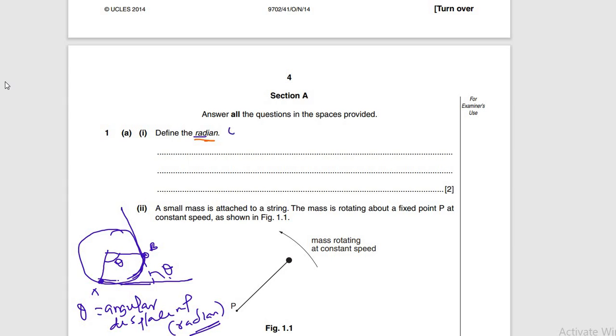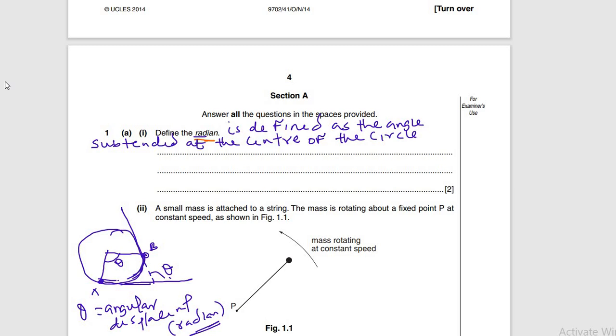So the radian is defined as the angle. First of all, tell them where you can see it: the angle subtended at the center of the circle by an arc equal in length to the radius of the circle.